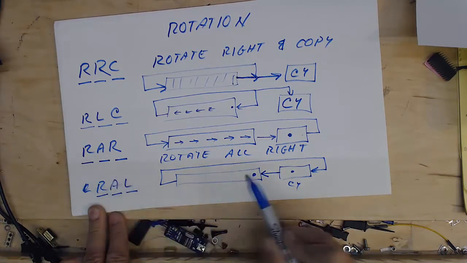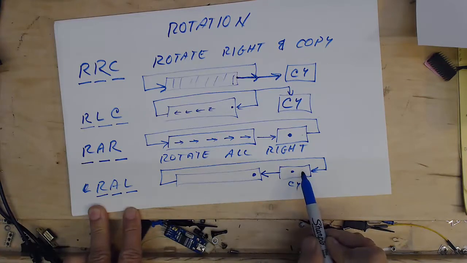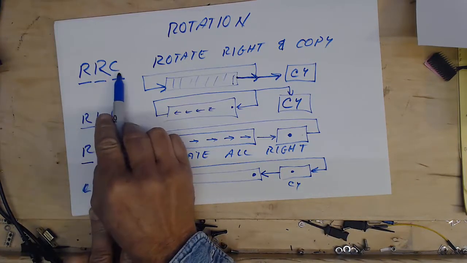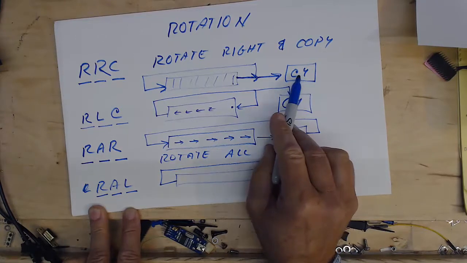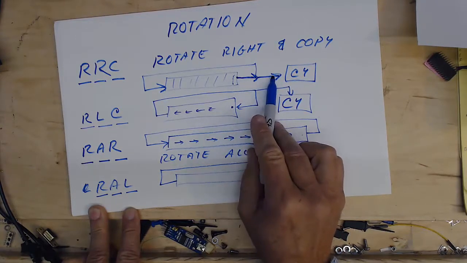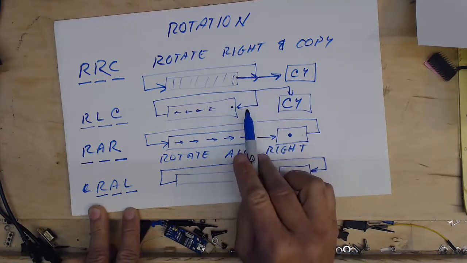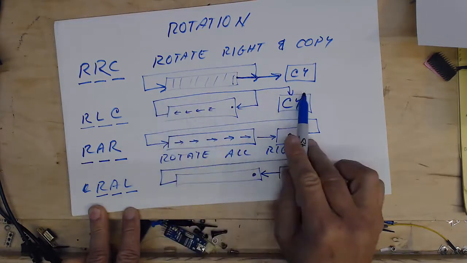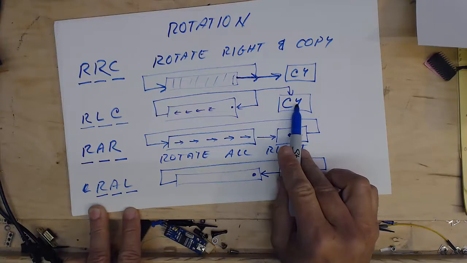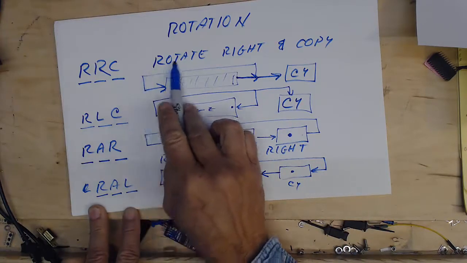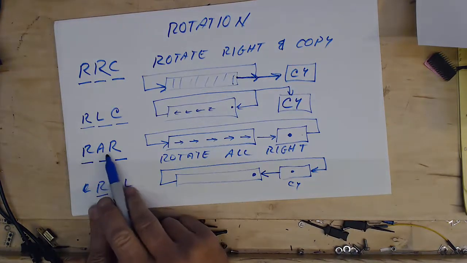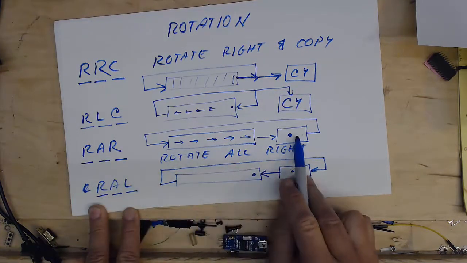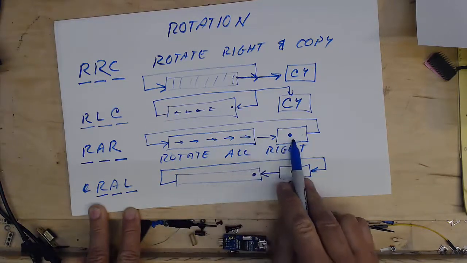So the alls include the carry in the sequence, where the RRCs only copy that value into the carry. Either copy the least significant value into the carry if it's a rotate right, or copy the most significant value into the carry if it's a rotate left. Whichever value is coming out of the accumulator goes to the other end, and that also gets copied into the carry. Where the rotate alls, just imagine them as being in a line, and whatever comes out of the right-hand side of the accumulator goes into the carry.